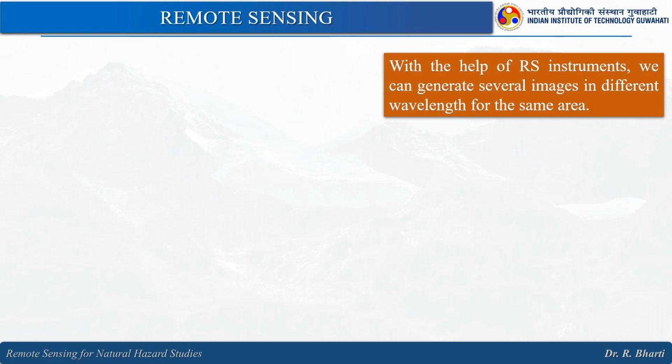With the help of a remote sensing instrument, we can generate several images in different wavelengths for the same area at a time, which is not possible with our mobile phone, because when we capture an image with our mobile phone, we get only one output, which has the RGB combination.